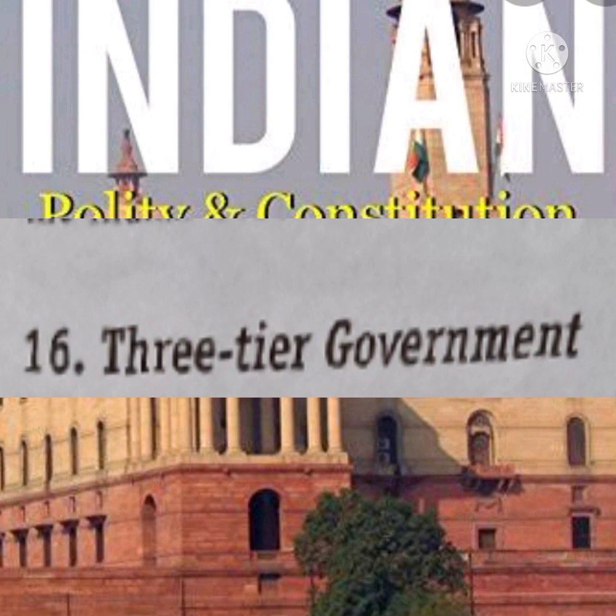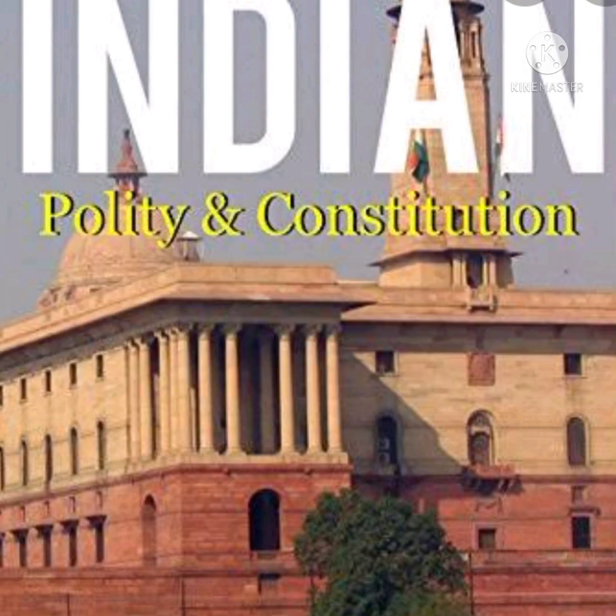But the three-tier government, the Panchayati Raj, was implemented later with the 73rd and 74th Constitutional Amendment Acts of 1992. Okay, we will discuss each and every salient feature in detail in the coming classes. Don't worry. This is just a perspective on the salient features. Okay, these are the salient features of our constitution.